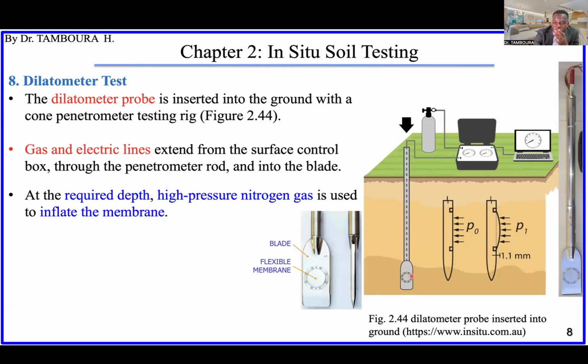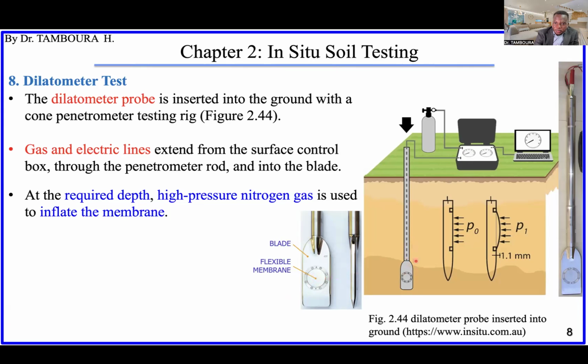So once you reach the required depth, high pressure nitrogen gas in this bottle is used to inflate the membrane, only this one.